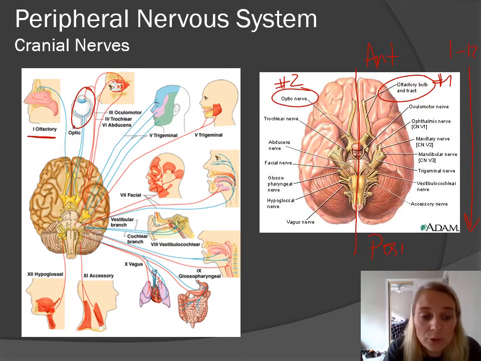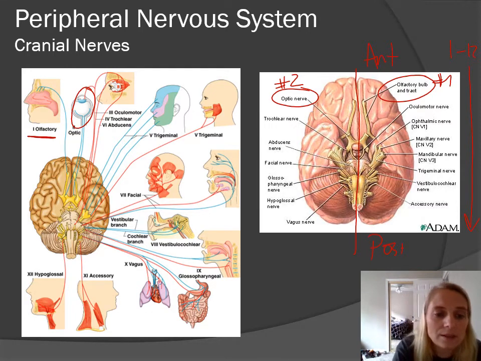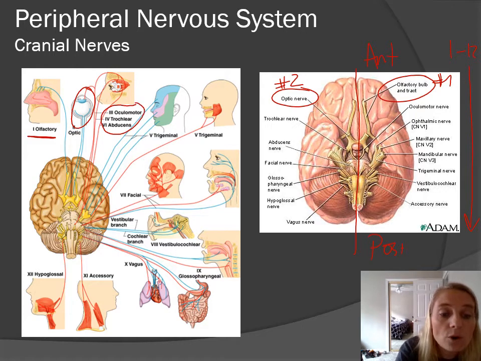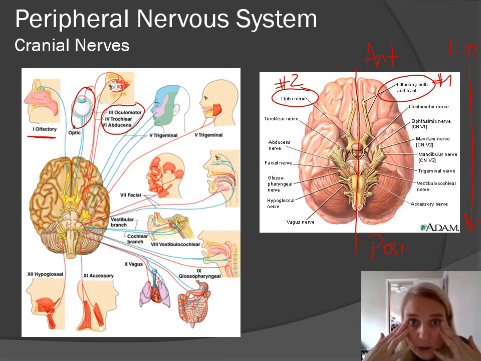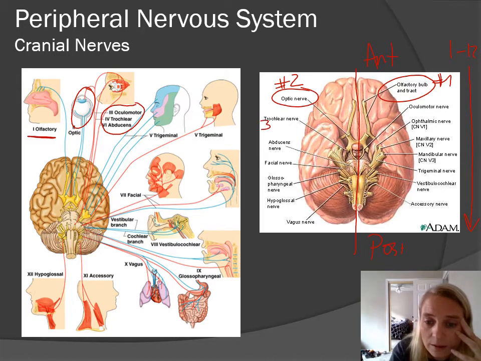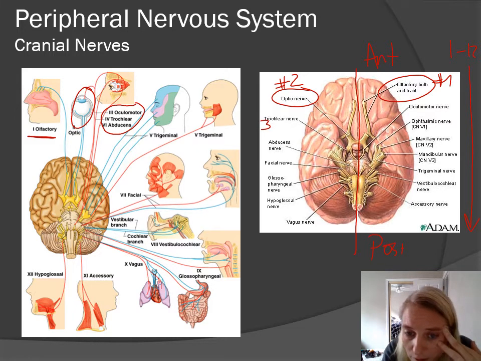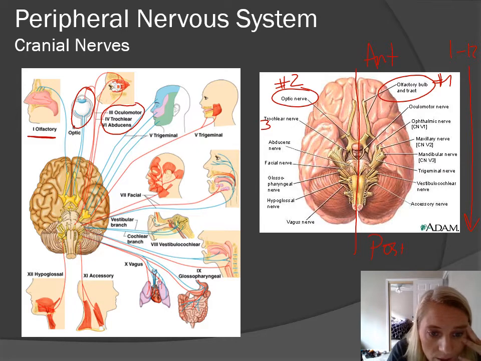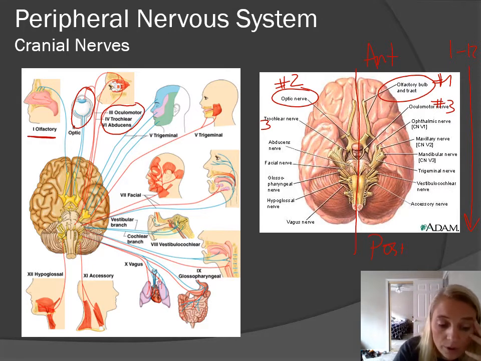The next ones, 3, 4, and 6, I guess we're skipping 5. 3, 4, and 6 are all motor neurons that go to control the extrinsic muscles of your eye. So that's 3, trochlear. Where's 4? Oh, 4 is trochlear. Sorry, 3 is over here: oculomotor, that's kind of nice.